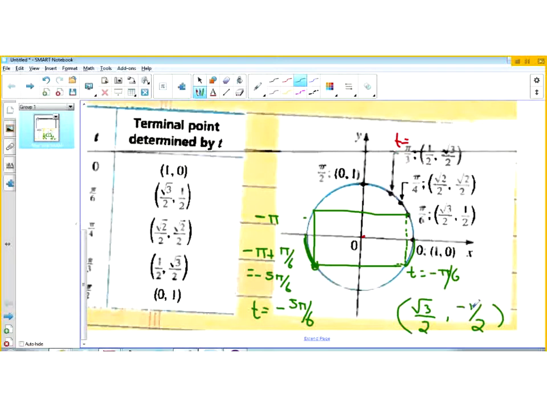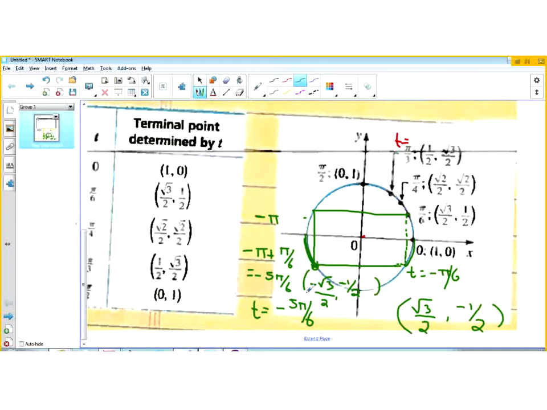So the y value, the ordinate for this point, would be negative 1/2. And by symmetry with respect to the y-axis, the abscissa would be negative square root of 3 over 2, because the circle is symmetric with respect to the y-axis.